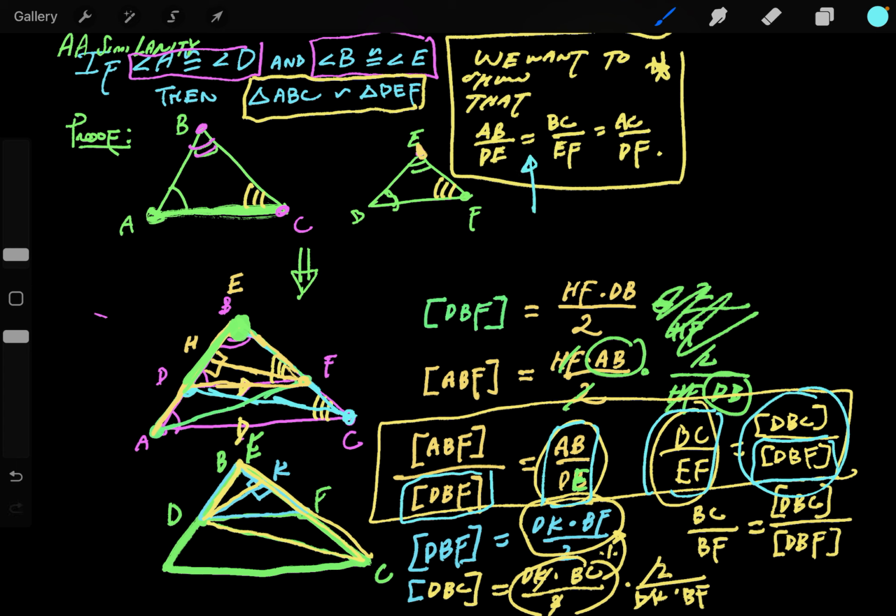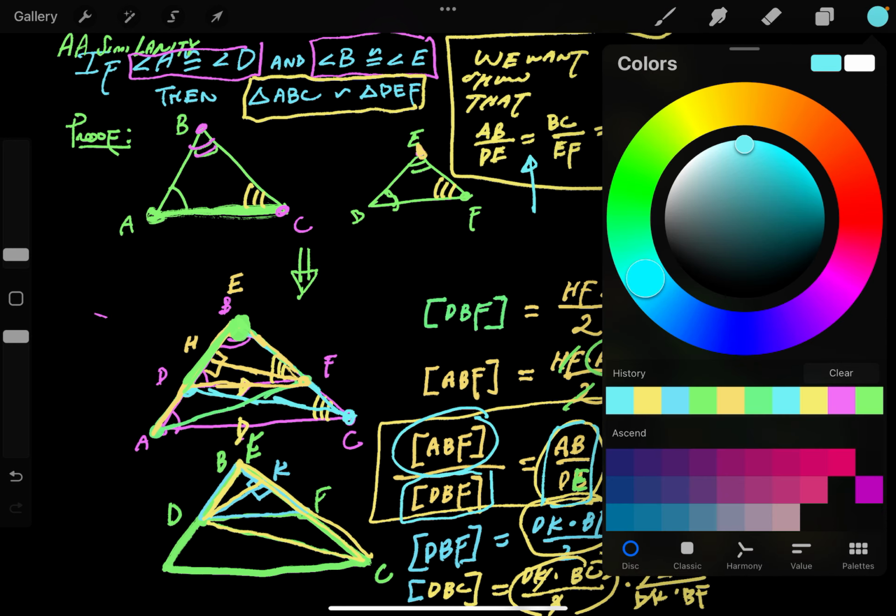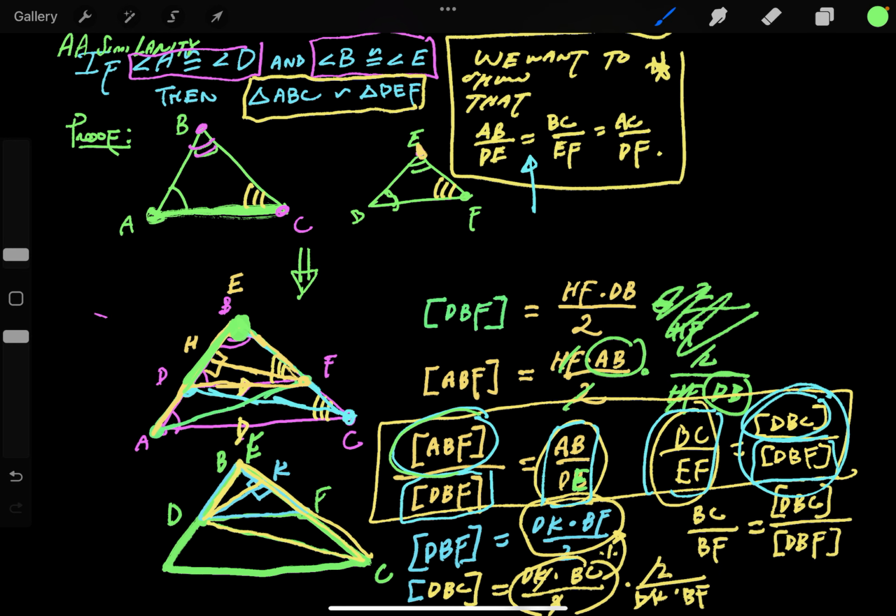If I want to show that, all I would need to show is that this is the same as this. I'm going to circle that again and convince ourselves that this needs to be the same as this. Now, let's try and justify that statement. I want to show the area of ABF is the same as the area of DBC.